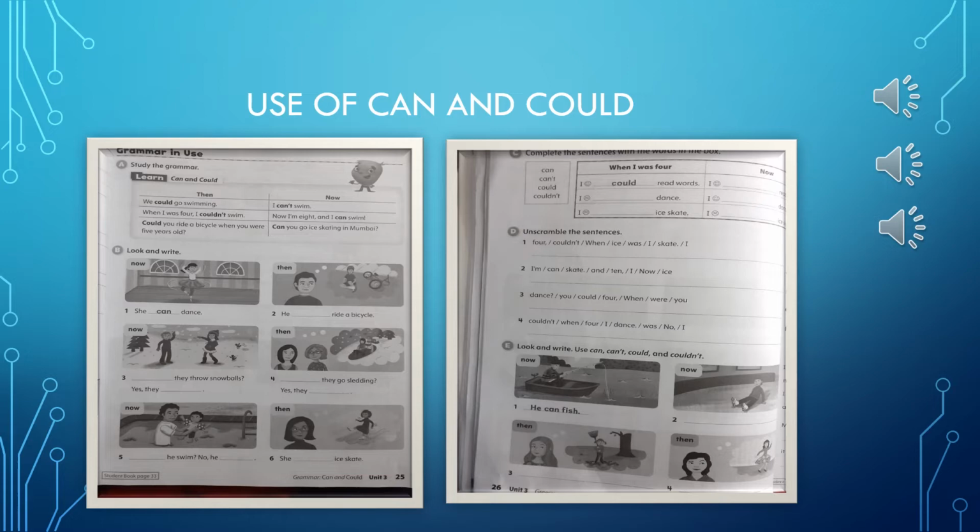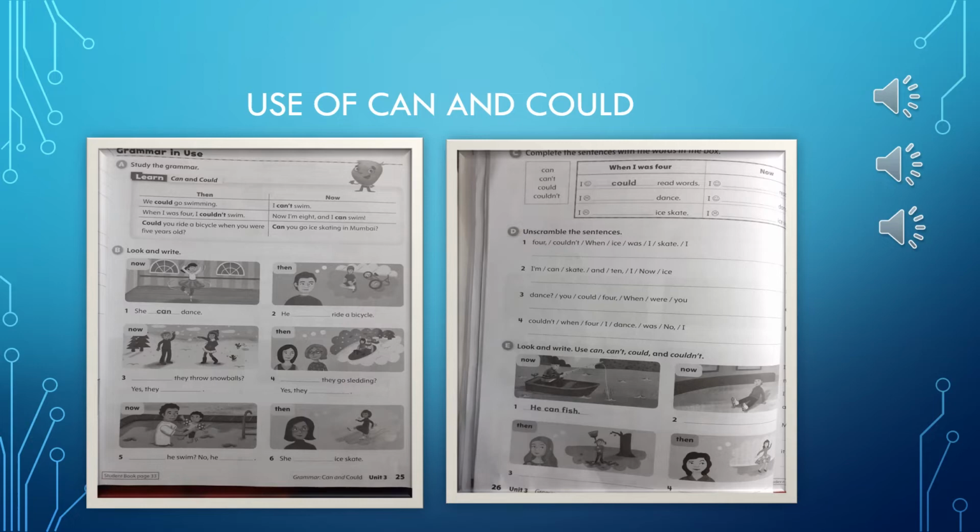Okay, so first we will fill up when I was 4. Number 1 is already done. I dash read books. I could read books, because actually you just need to see the smiley and the sad face as well.